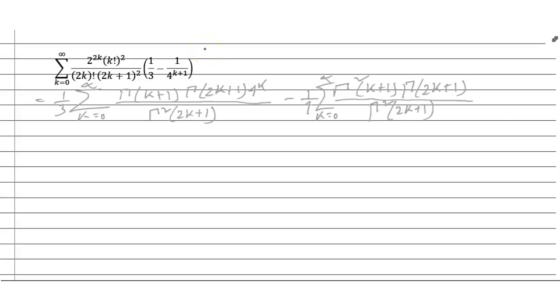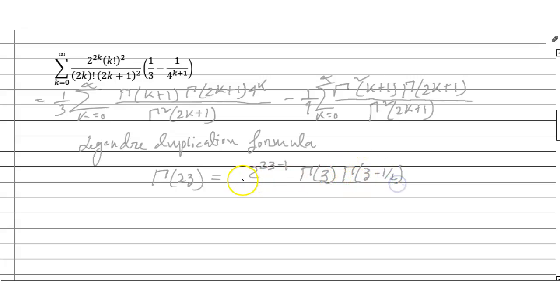So friends, Legendre's duplication formula, we need to remember: gamma of 2z is equal to 2 to the power 2z minus 1, gamma z into gamma (z plus half), divided by root pi.